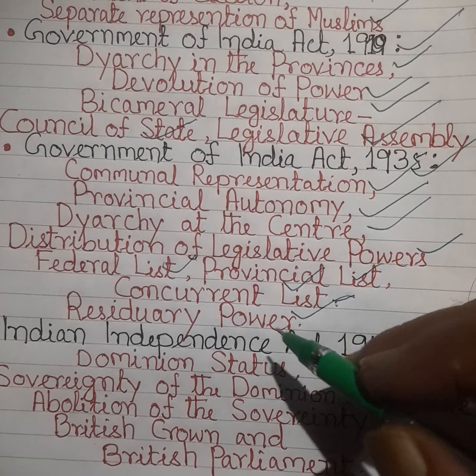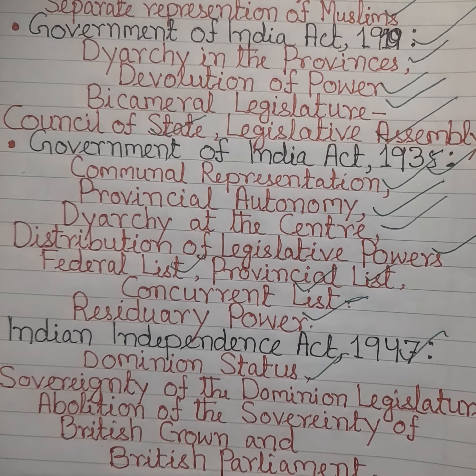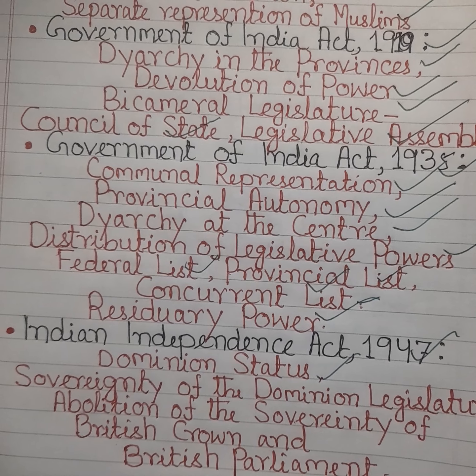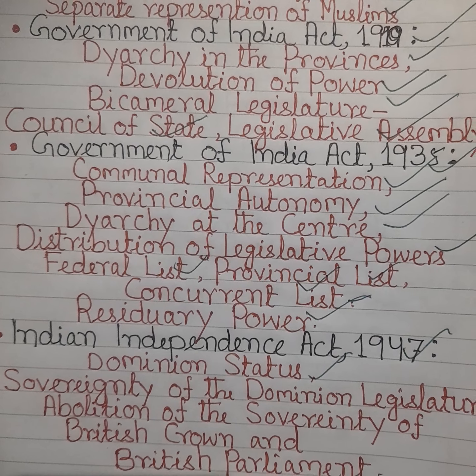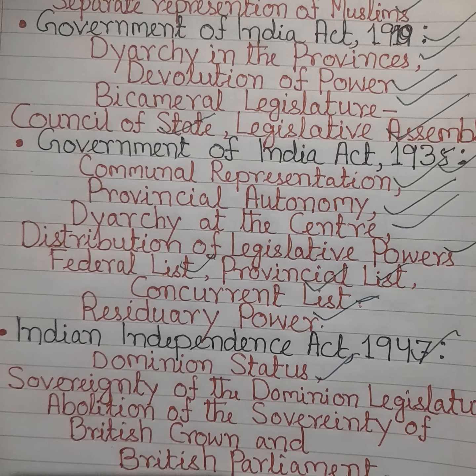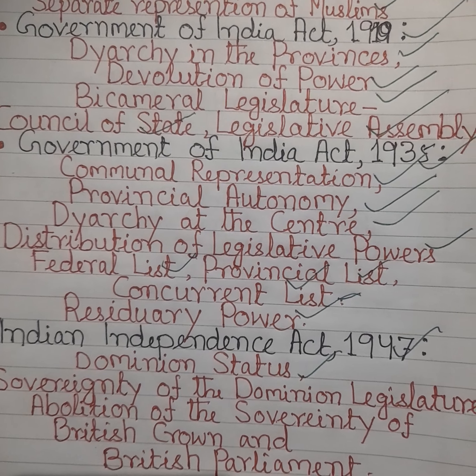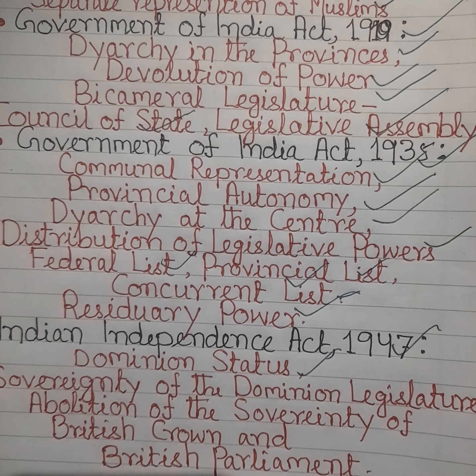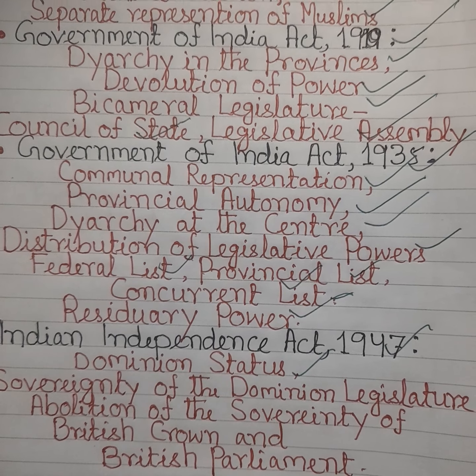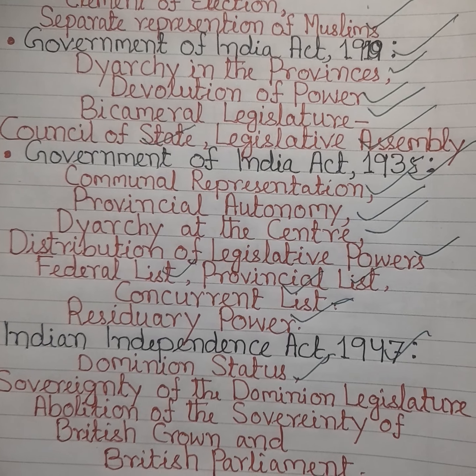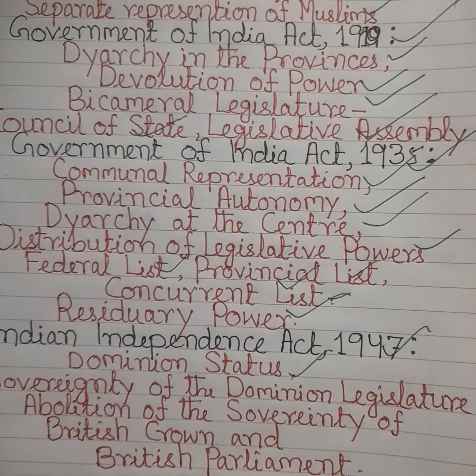So, under the act, dominion status, which was a long demand by the Indian freedom fighters, was given under the Indian Independence Act 1947. So, dominion status was promised in 1929, but it was not confirmed by the Government of India Act 1935.